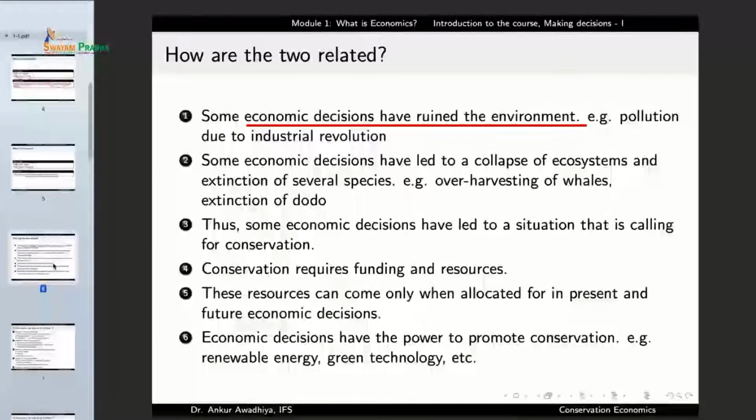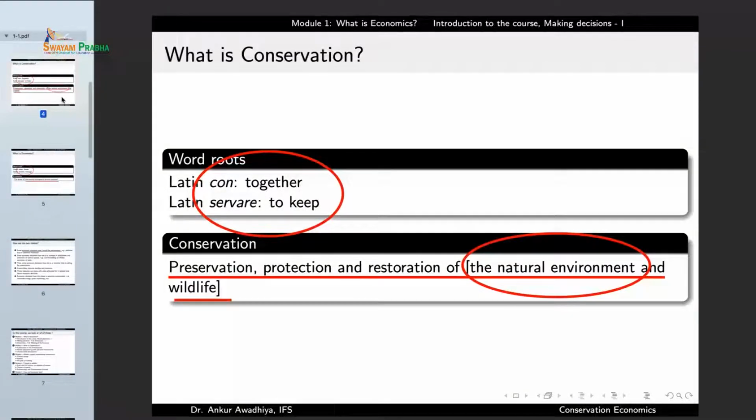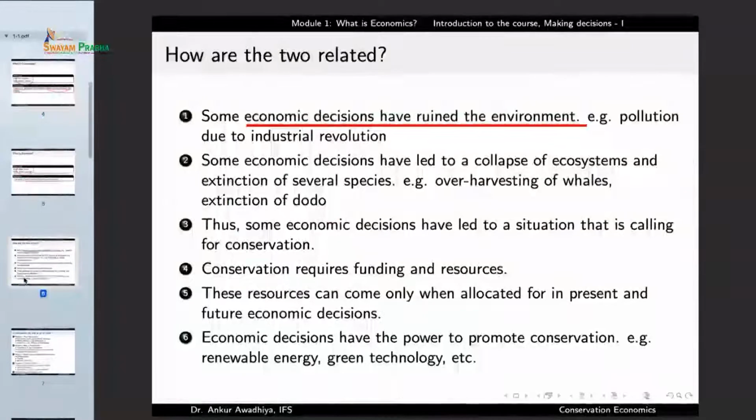But once that tree is gone, you do not have any access to that chemical. So certain economic decisions have led to a total collapse of ecosystems, and for that we again need to go back to conservation. How do we bring the things back? So, some economic decisions have led to a situation that is calling for conservation.